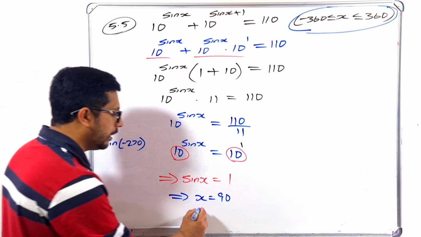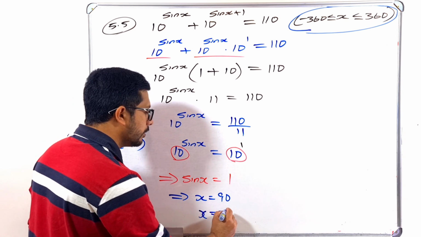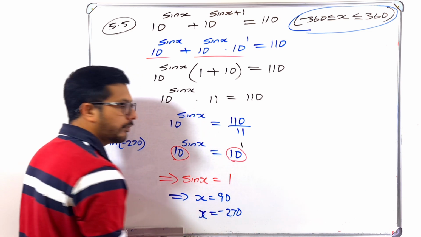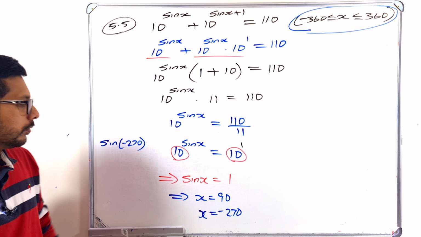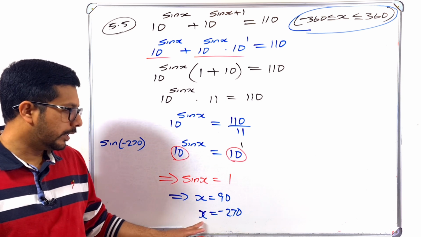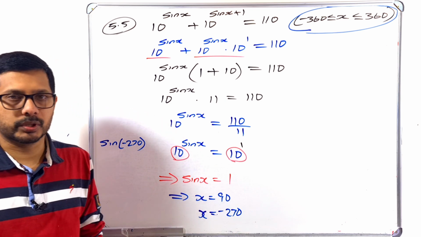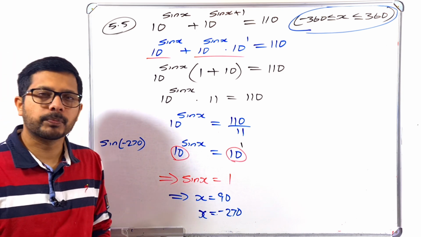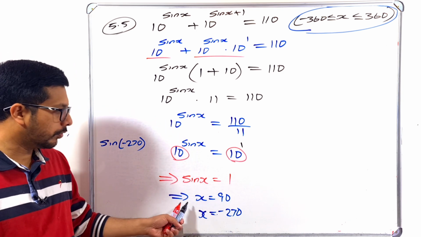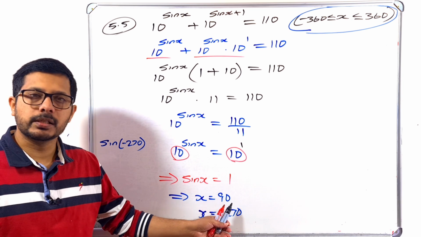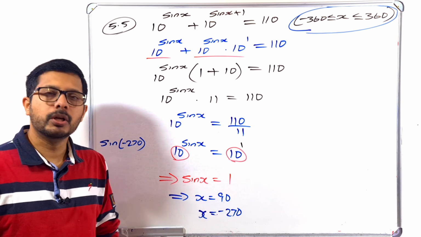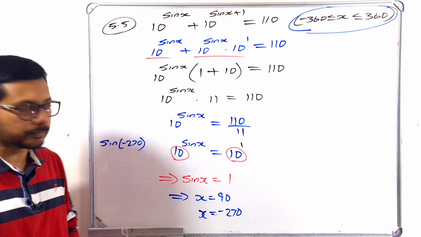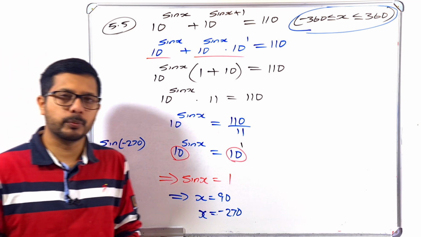So it means that another value for x is minus 270. So x is equal to 90 and x is equal to minus 270. Those are the values. So here the question is solve for x, and we solved it: x is equal to 90 and x is equal to minus 270. Okay, so that is question number 5.5.